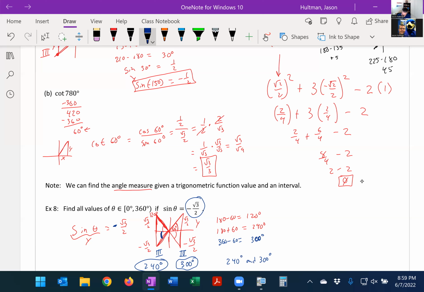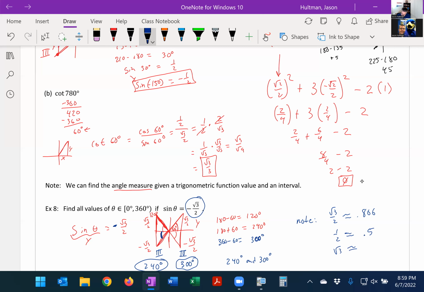One thing to note is that radical 3/2 in a calculator is approximately 0.866. 1/2 is approximately 0.5.